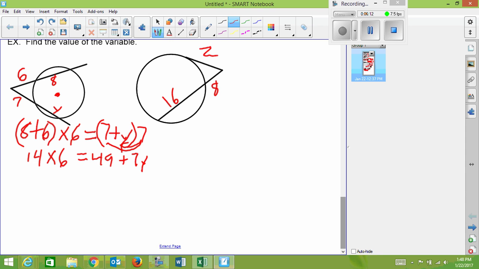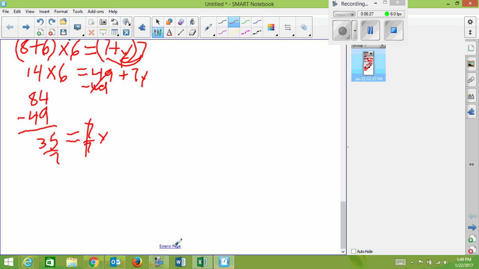So 14 times 6 is 84, and then I'm going to minus the 49, leaving me with 35. And over here I have 7y, divide by 7. So what I have left is y equals 5.